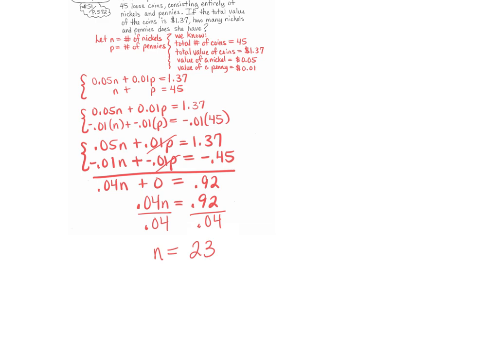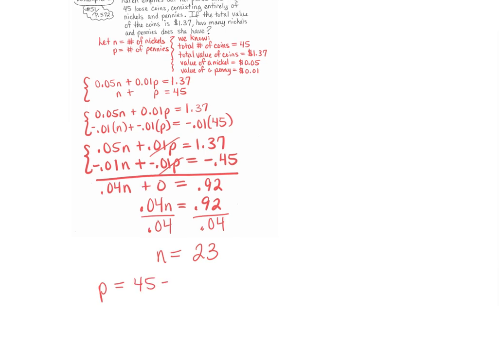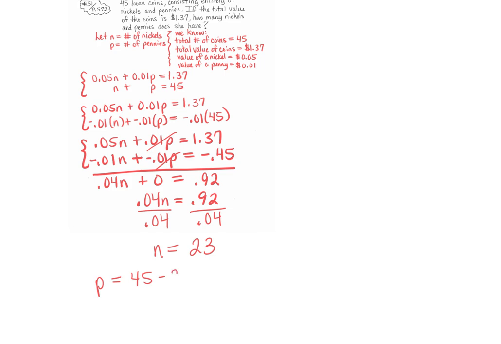So you have 23 nickels. To find the pennies, subtract 23 from 45. 45 minus 23 is 22. So she has 22 pennies and 23 nickels.